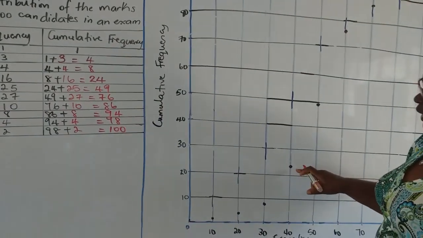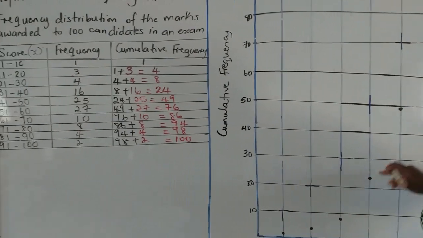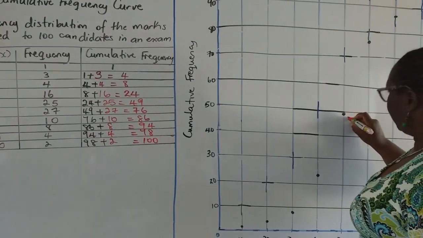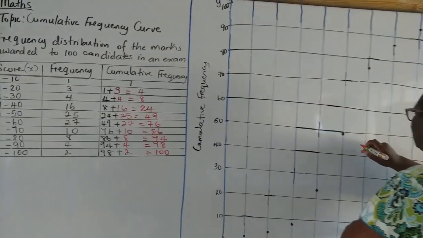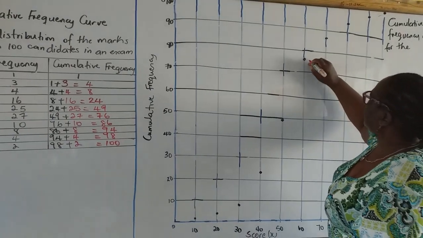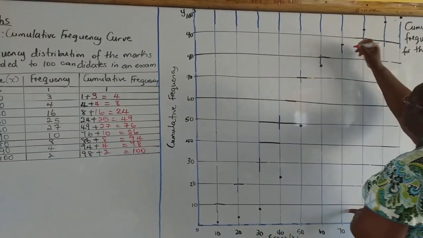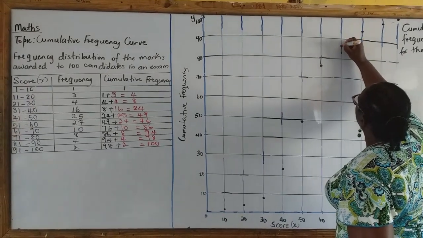For 40, it is 24. For 50, it is 49. For 60, it is 76. For 70, it is 86 up here.